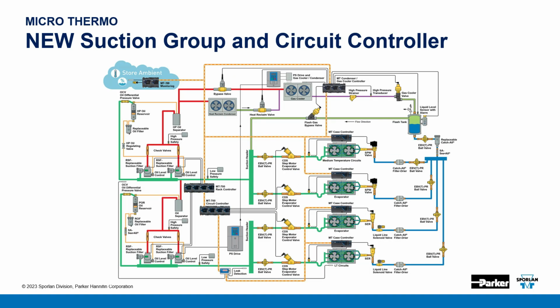So again, what do we do with the 700 trains? We can have one train set up that can serve both the refrigeration and the HVAC by collecting the store ambient and the outdoor ambient.